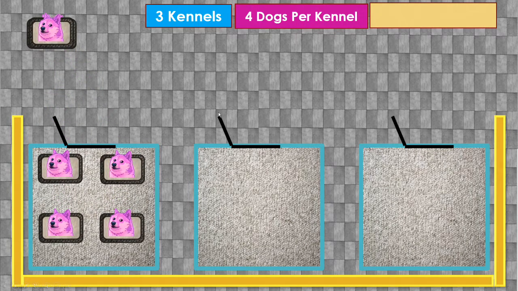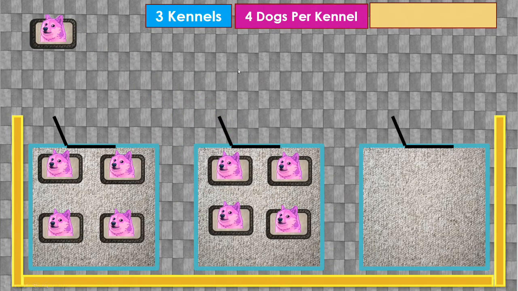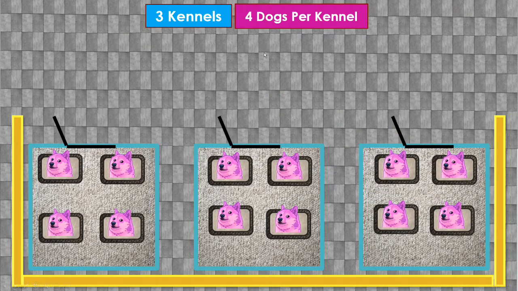4 in the first kennel. 4 in the second kennel. And 4 in the third kennel. So how many dogs do we have here? We can do this by counting the dogs in each kennel sequentially. In the first kennel we have 1, 2, 3, 4.